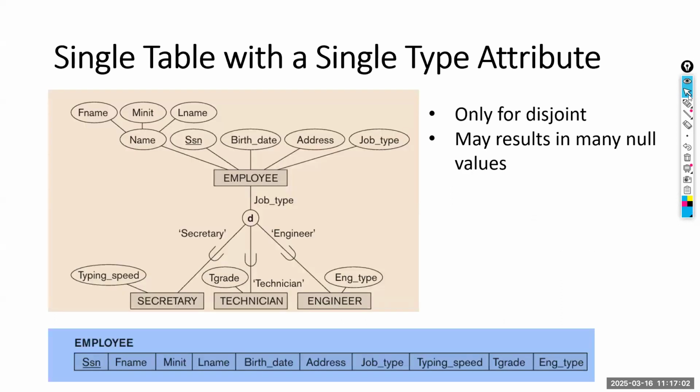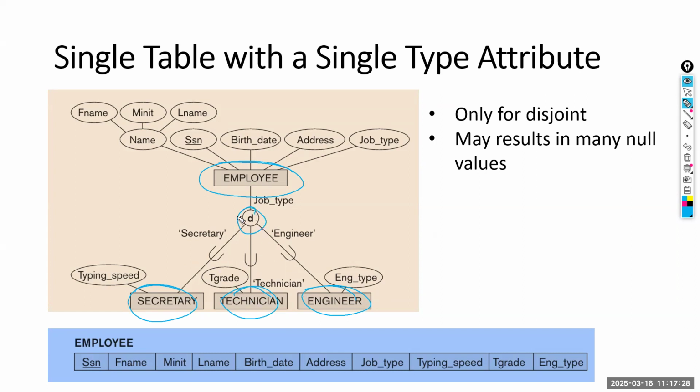Right. So this is one approach. This is your requirement. You have an employee table, then every employee is either secretary, technician, or engineer. So it's disjoint. That means an employee can't be both a secretary and technician, or technician and engineer.